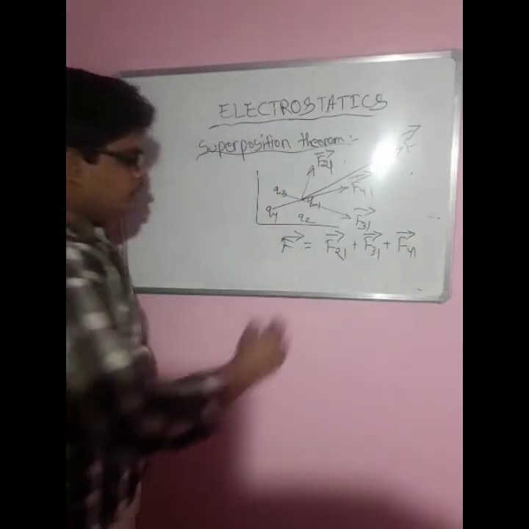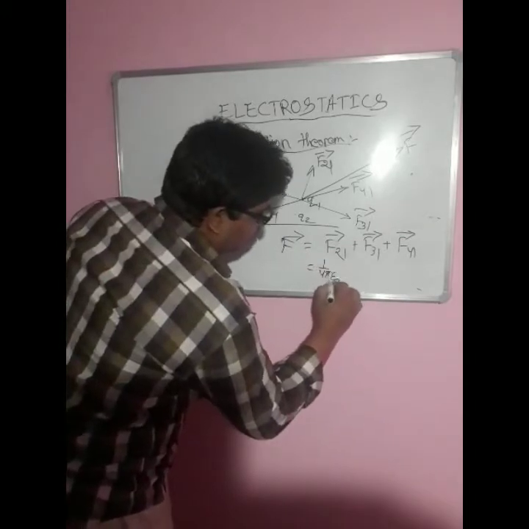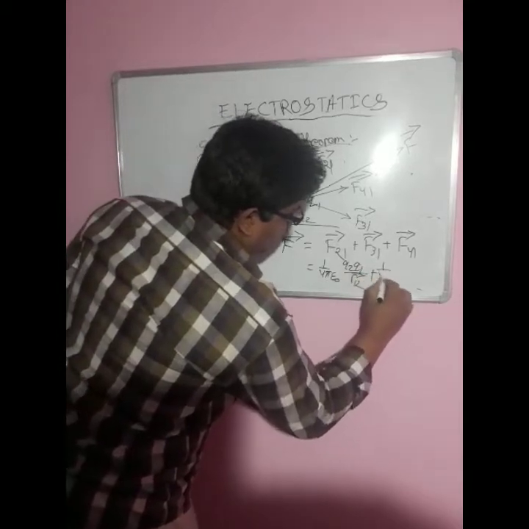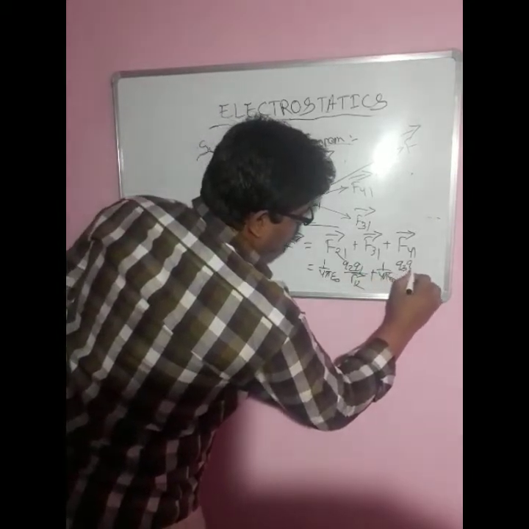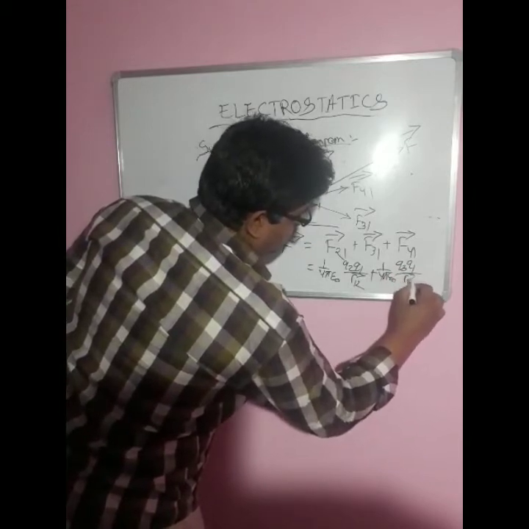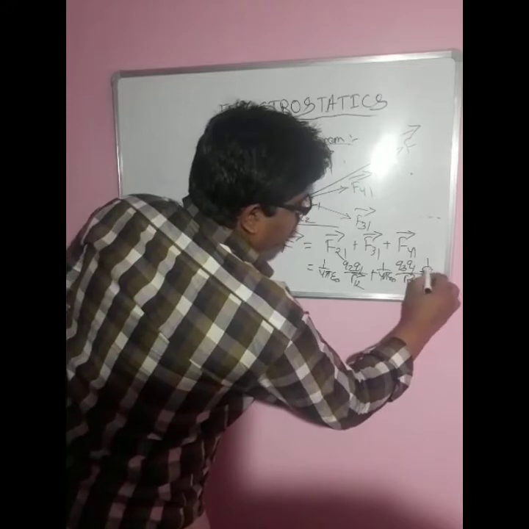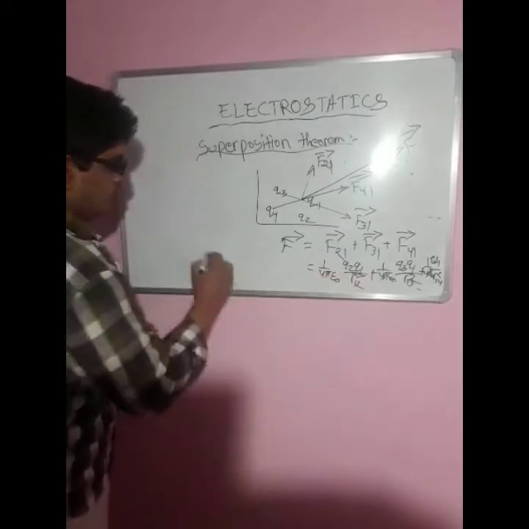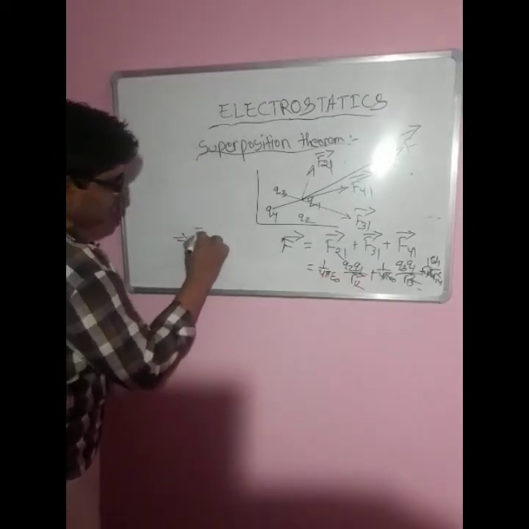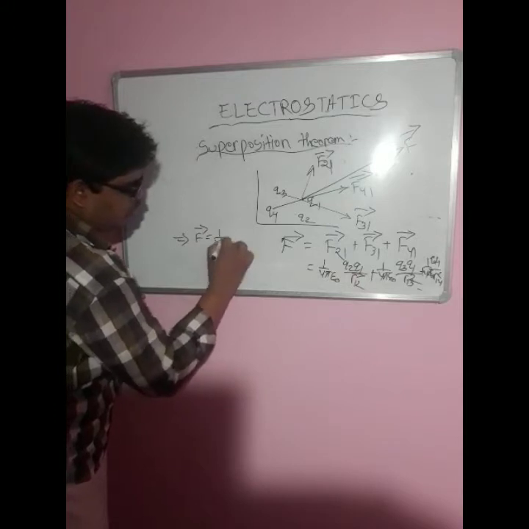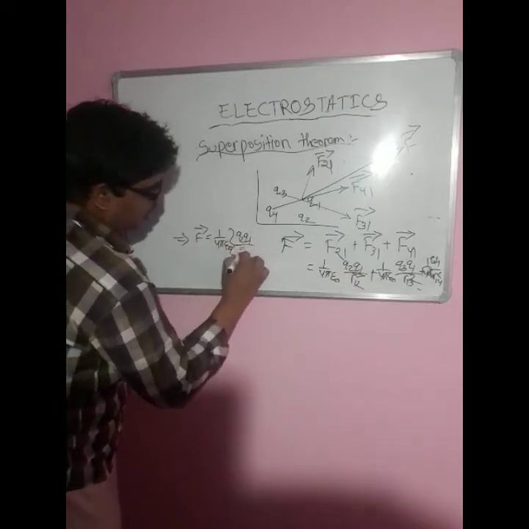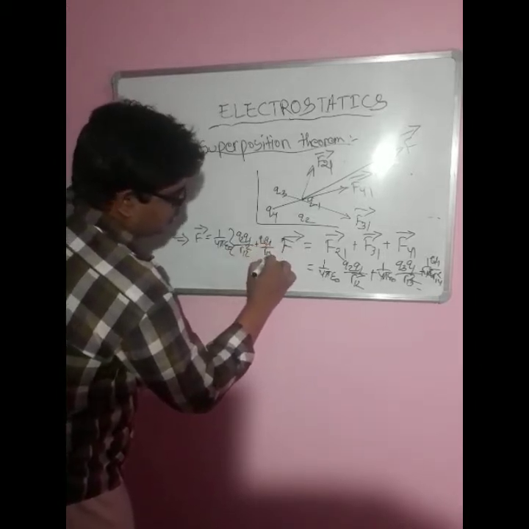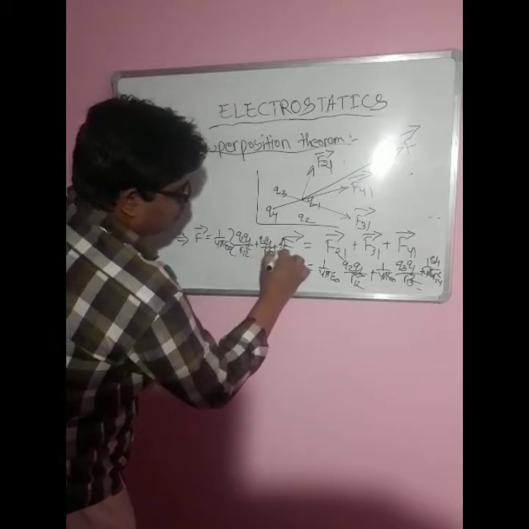Already you know the force formula: 1 by 4 pi epsilon 0 Q2 Q1 by R21 square plus 1 by 4 pi epsilon 0 Q3 Q1 by R31 square plus 1 by 4 pi epsilon 0 Q4 Q1 by R41 square. Taking 1 by 4 pi epsilon 0 common, F vector is equal to 1 by 4 pi epsilon 0 times Q2 Q1 by R21 square plus Q3 Q1 by R31 square plus Q4 Q1 by R41 square.